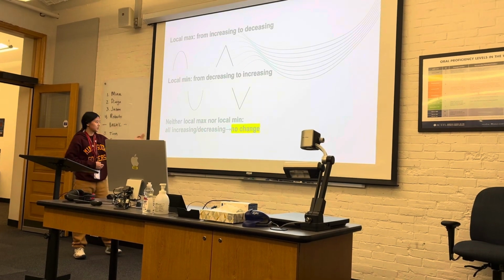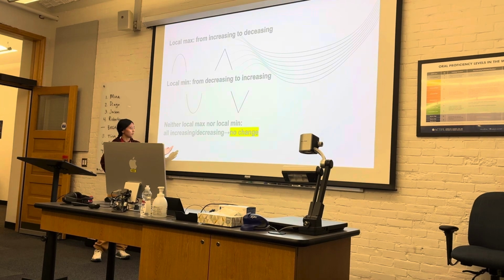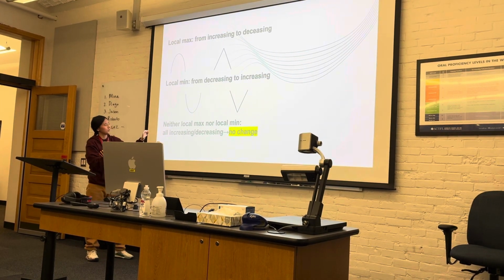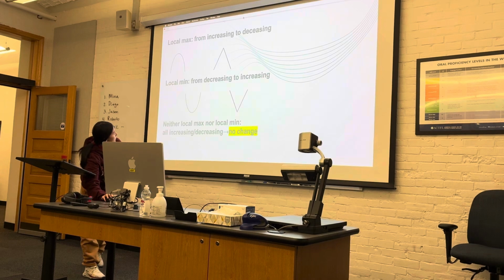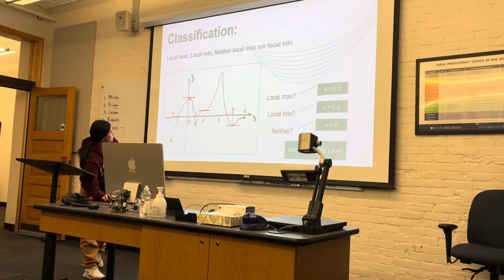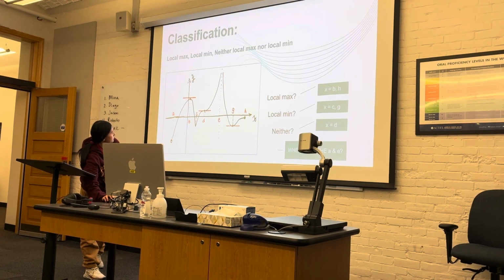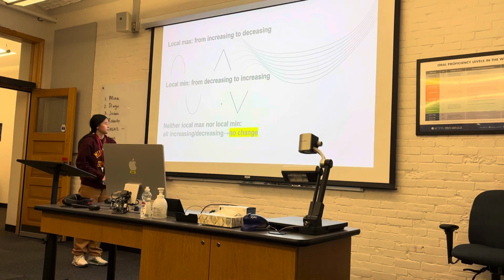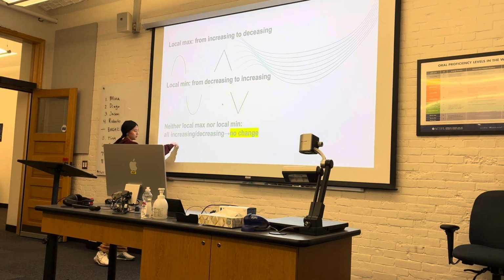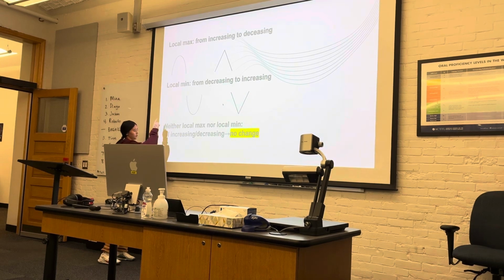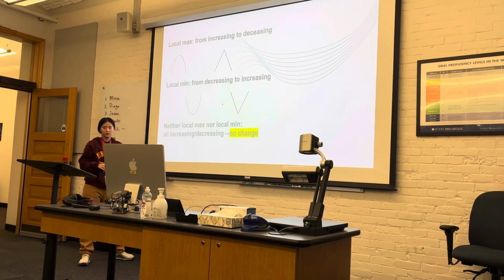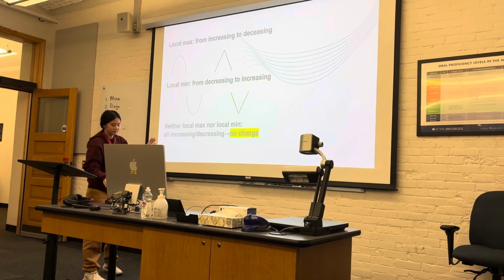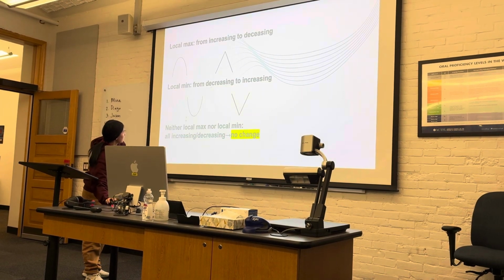So if it's neither local max nor local min, maybe it looks like this. Not in a valley, not in a peak. So you can see it is also increasing or also decreasing. The sign does not change. So it is neither.